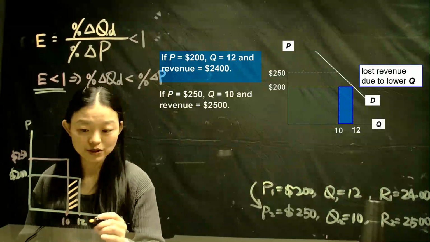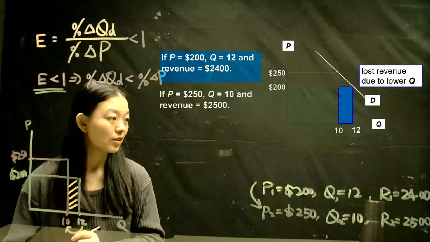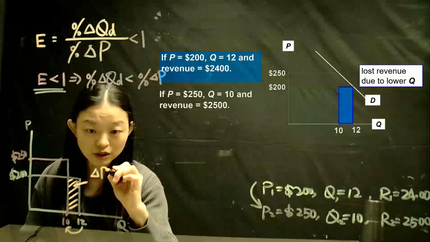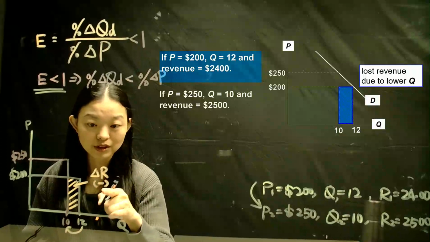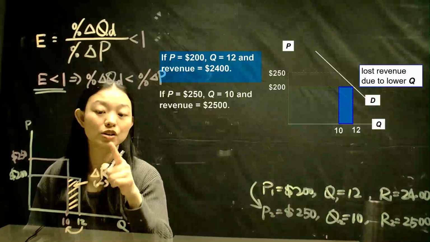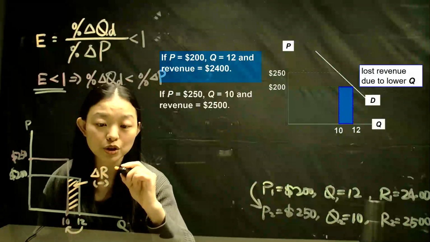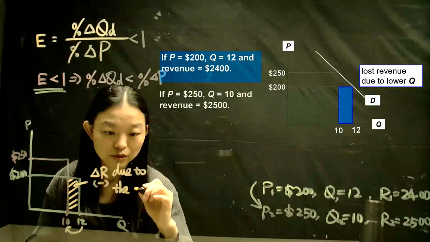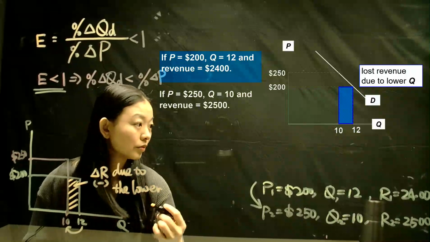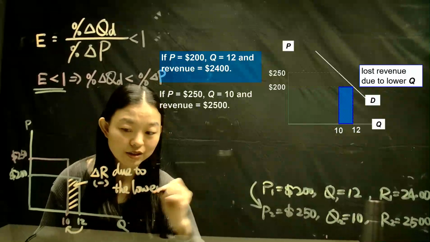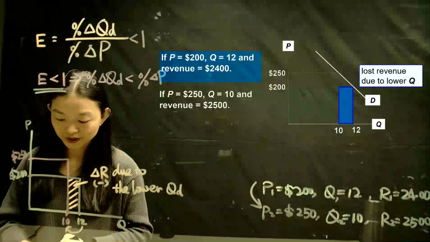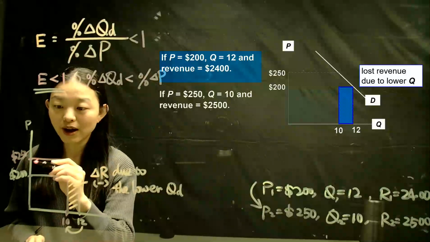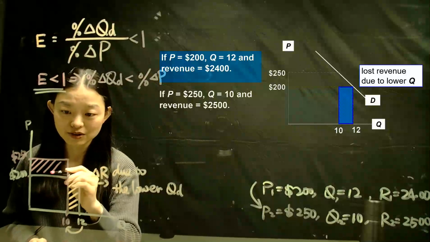From this part, we notice the quantity decreased. So this area measures the change in revenue. This is negative because the quantity decreased. The change in revenue due to the lower quantity demanded. However, for each unit you can sell, now you have a higher price.